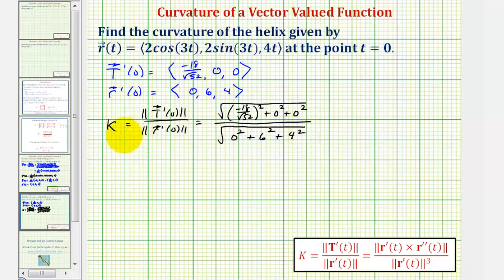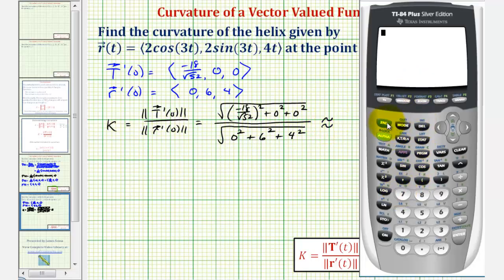And now we'll go to the calculator to approximate this value. So our numerator is going to be the square root, and then in parentheses we have negative 18 divided by the square root of 52, right arrow, close parenthesis, squared, right arrow, divided by our denominator, which should be the square root of 6 squared plus 4 squared.